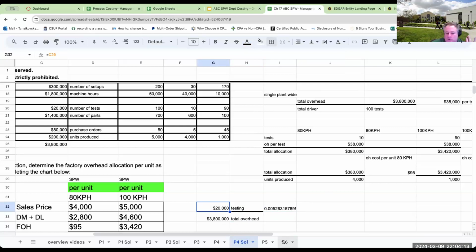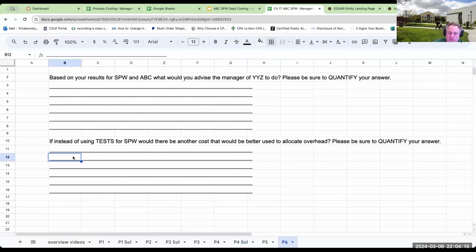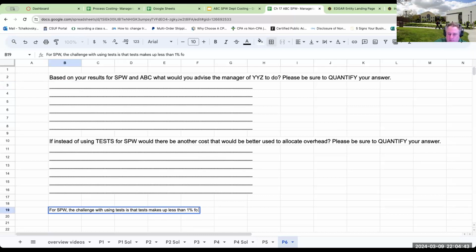So when I'm answering this particular question, instead of using tests, based on your results, what would you advise the manager to do? And we'll see once we compute ABC. But the challenge with using tests is that tests makes up less than 1% of total overhead, or 20,000 divided by 3.8 million.